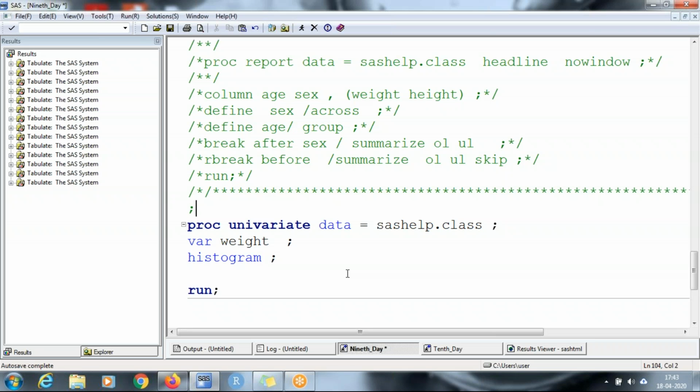So will you please explain to me, Shubham, what is univariate analysis? All right, and what is the objective of this?